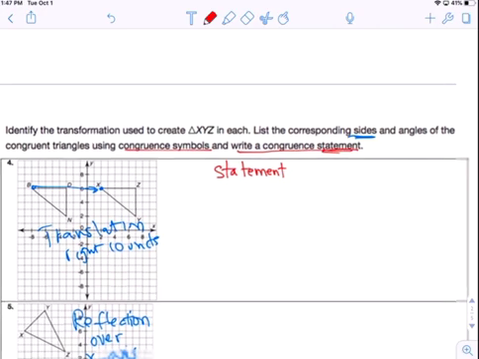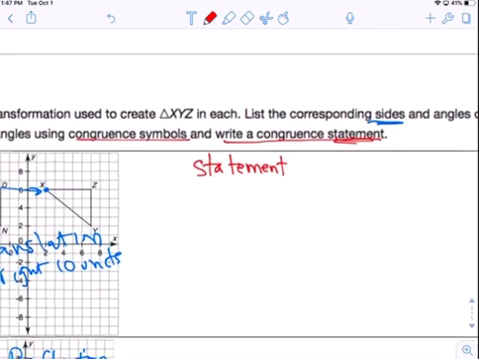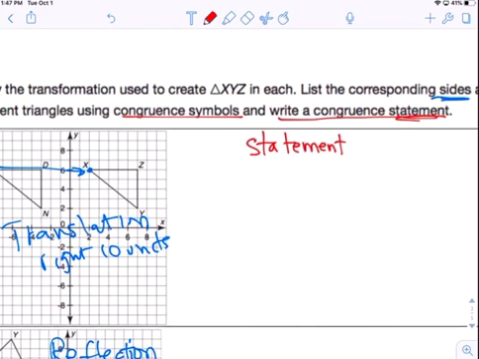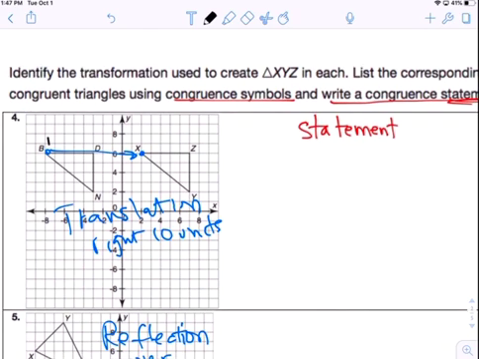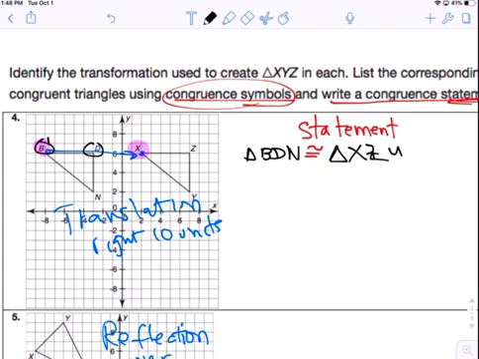Triangle BDN is congruent to, use the congruent symbol right there, triangle XZY, because we start out with B, and B corresponds to X, then D to Z, and N to Y.